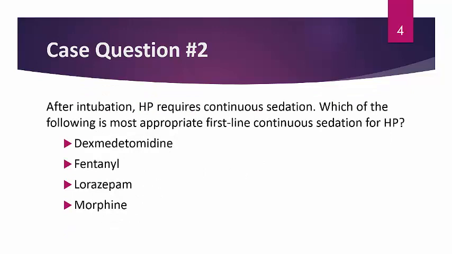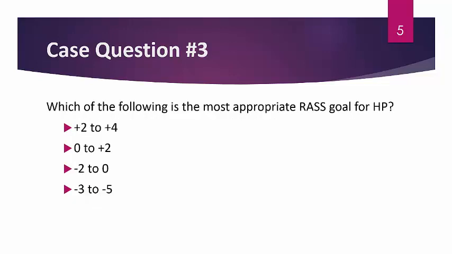Next question. After HP is intubated, HP requires continuous sedation. Which of the following is most appropriate first-line continuous sedation for HP? Is it dexmedetomidine, fentanyl, lorazepam, or morphine? And last case question.